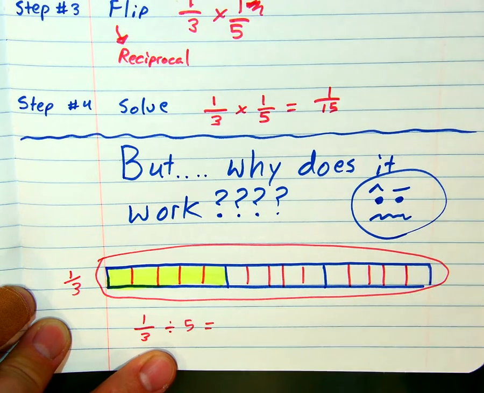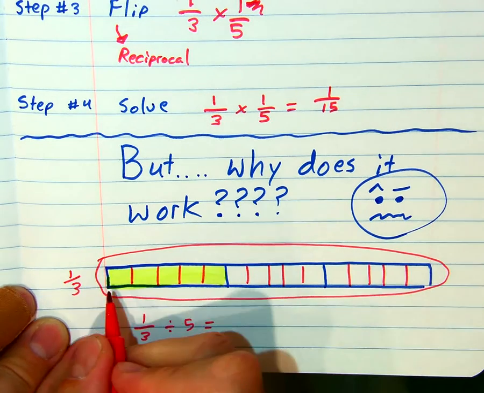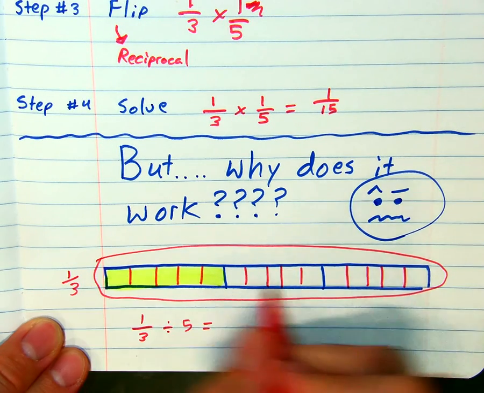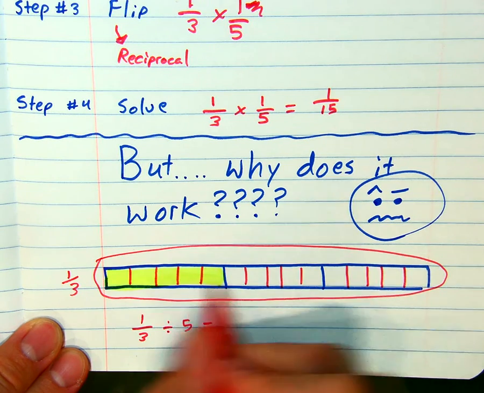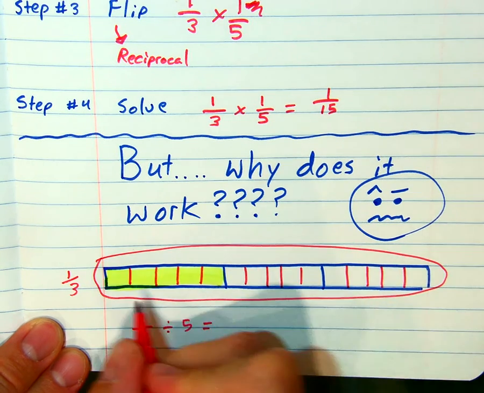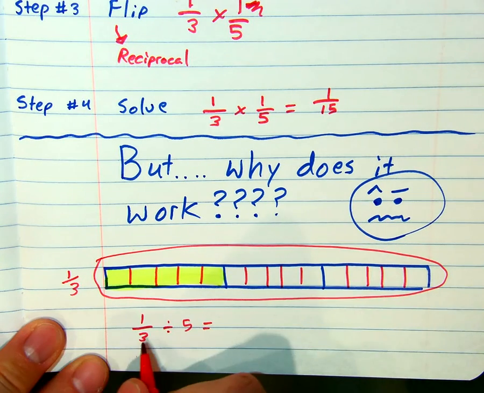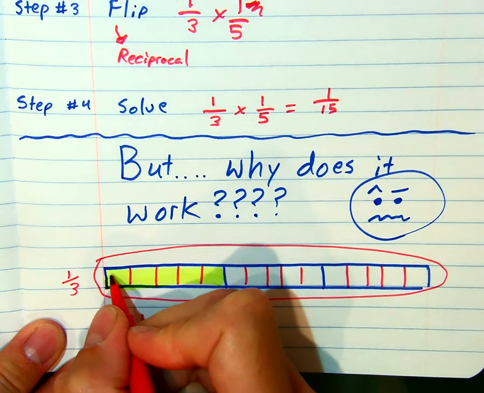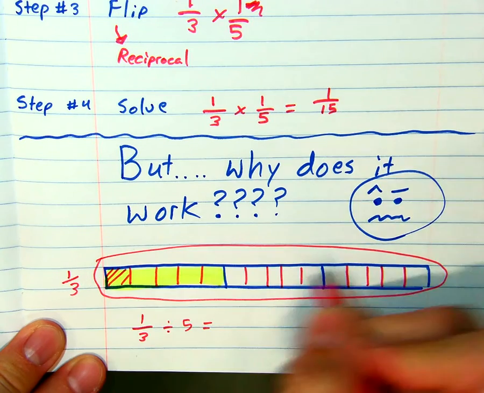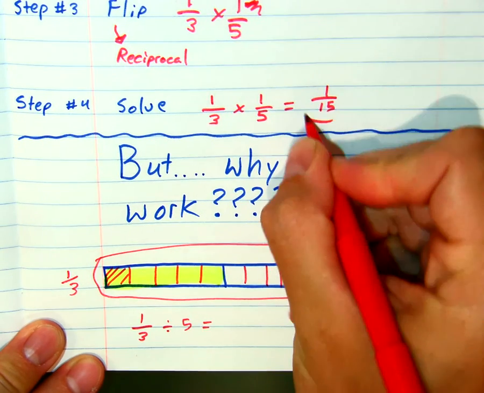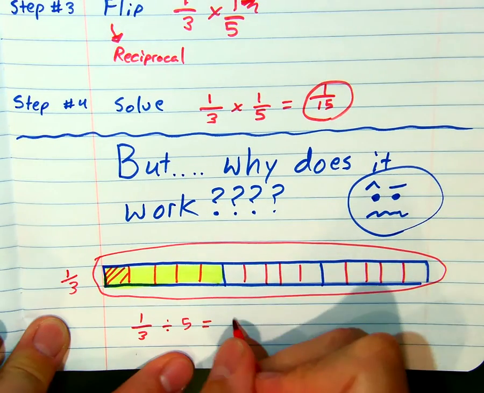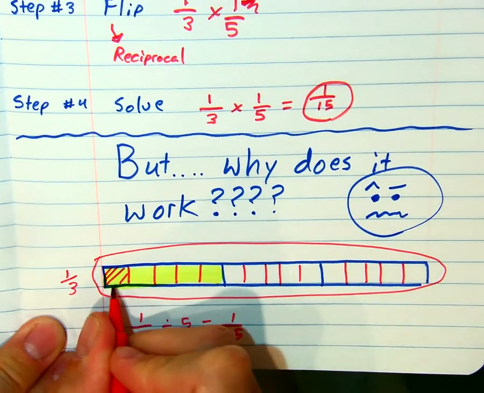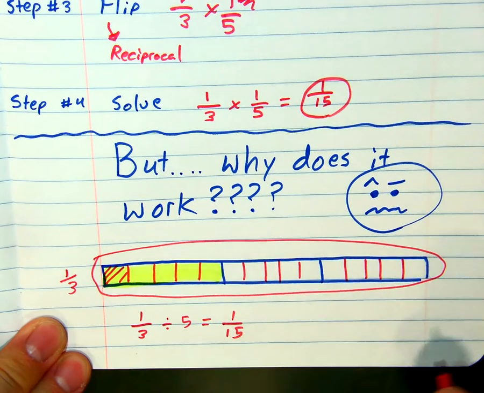Okay. So now, instead of just split into thirds, I have this split into 15ths. And how much of the 15th? What is 1/3 divided by 5? Your answer up here was 1/15. So we have 1 out of the whole thing is 1/15.